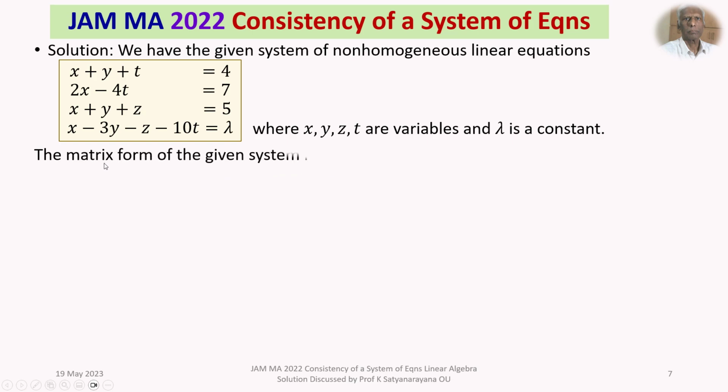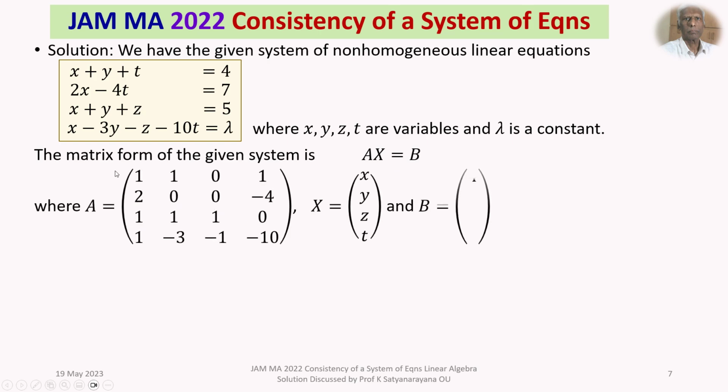We will now write this system of equations in matrix form, and it is given by Ax is equal to B, where A is the coefficient matrix: 1, 1, 0, 1 for the first equation, as there is no z. Then 2, 0, 0, minus 4, as there is no y and no z.